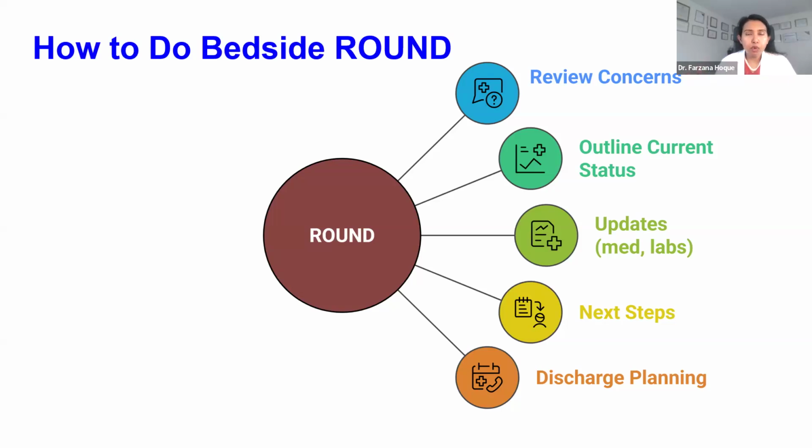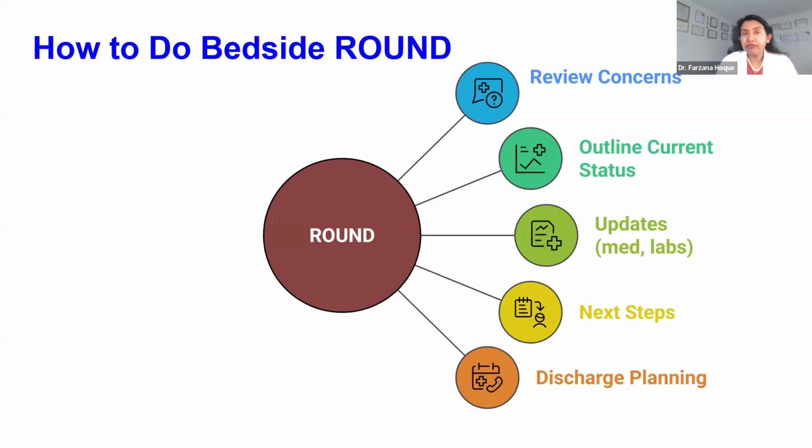Second is O. O for outline current status. What is the current status of your patient? Is the patient stable, or does the patient need anything to be done that day? What is the biggest thing you are doing for that patient? Maybe the patient is waiting for a surgery.